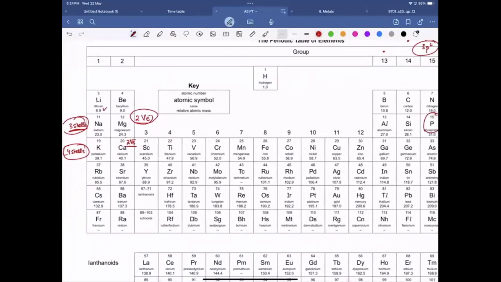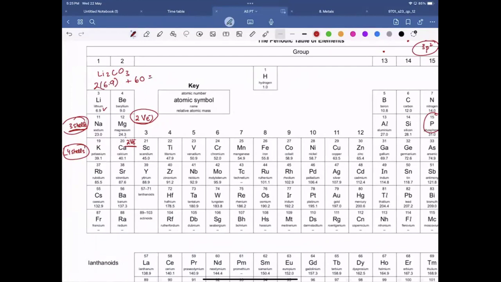So just calculate the Mr of lithium carbonate, Li2CO3: 6.9 times 2 plus 60.